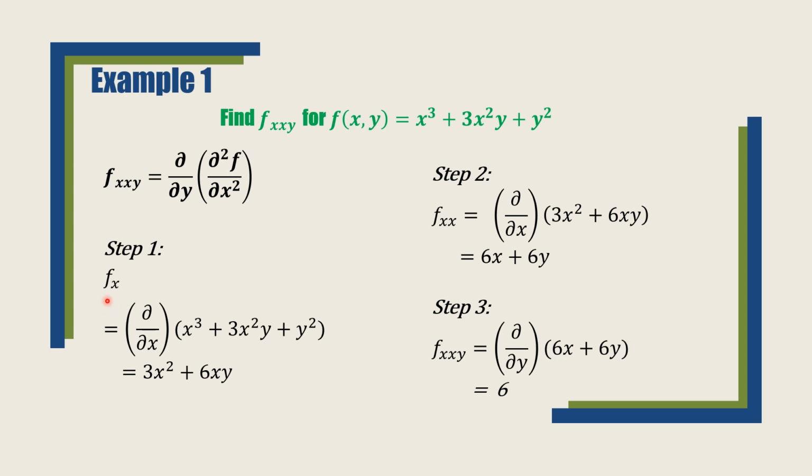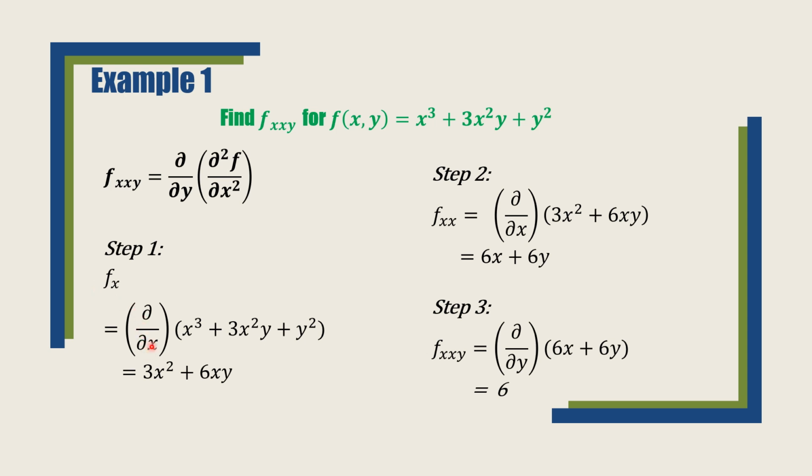So our first step is we have to derive in terms of x. We have x and y, and our first step is to derive with respect to x. So we have the partial derivative with respect to x; we interchange y into x because our first step is to derive with respect to x.